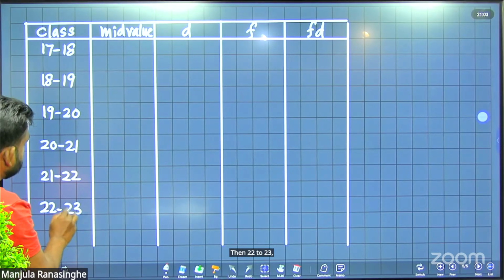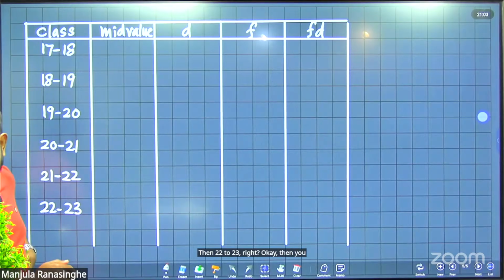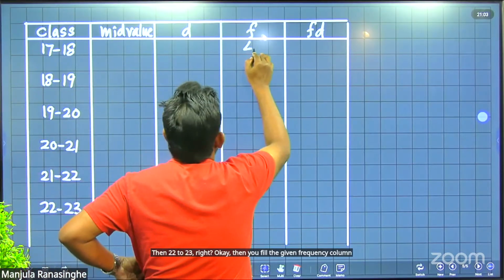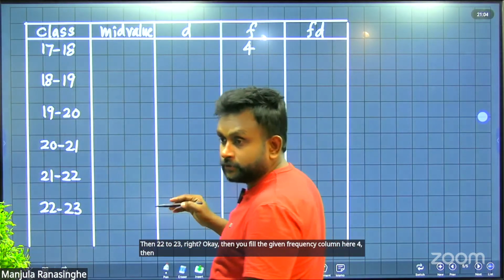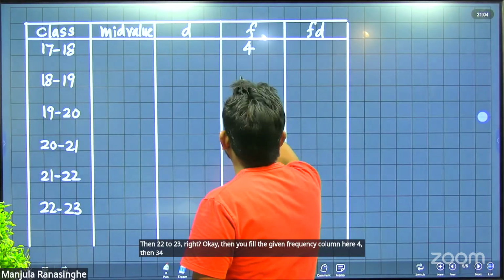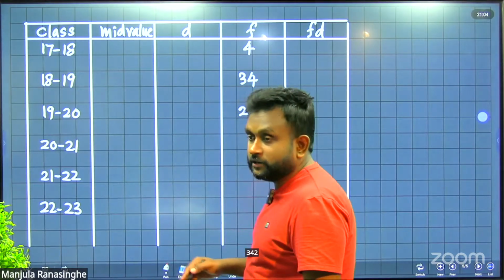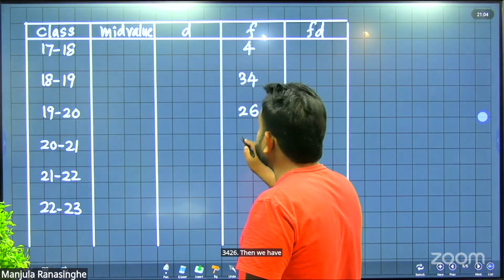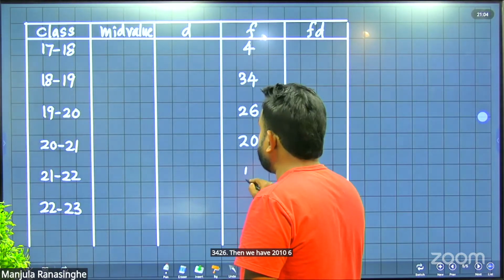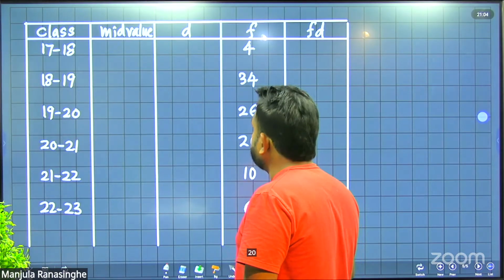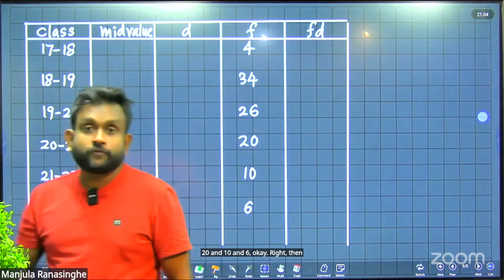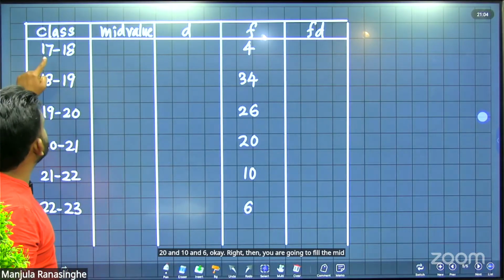Then you fill the given frequency column here: 4, then 34, 26, then we have 20, 10 and 6. Then you are going to fill the mid values. How to fill the mid value?